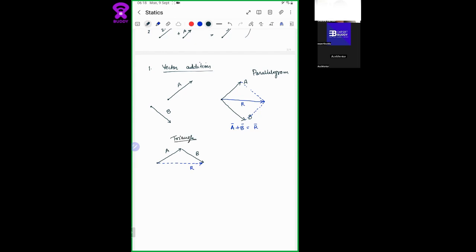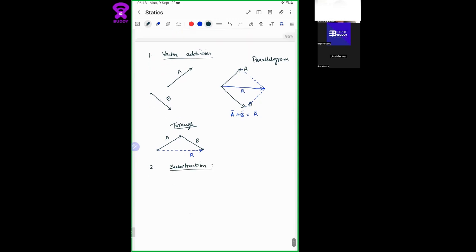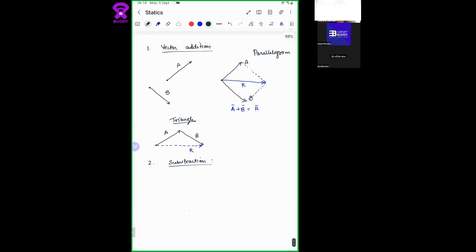Now let's see how you deal with subtraction. Again, you have A, the same case we'll take, but here you actually draw it on the opposite side. Why?